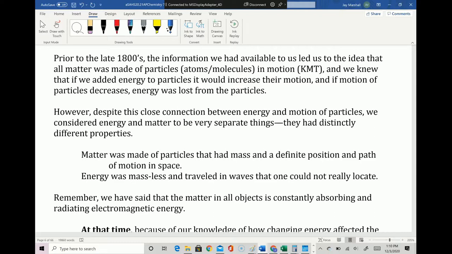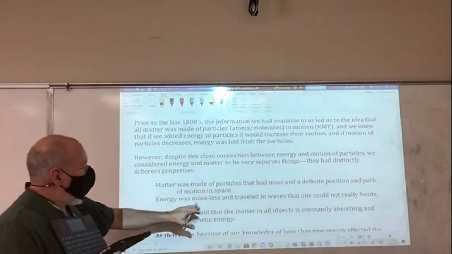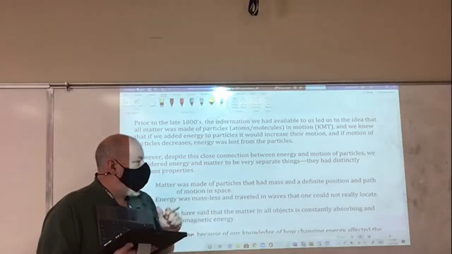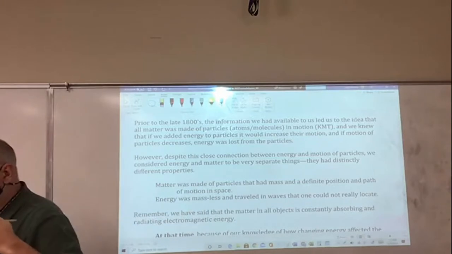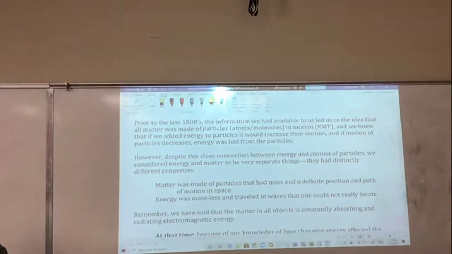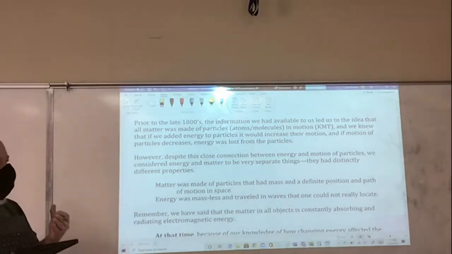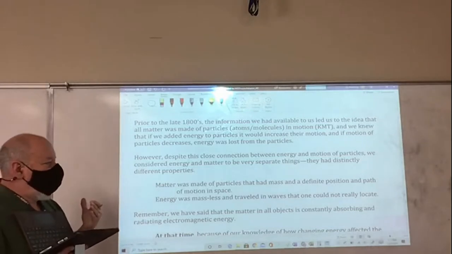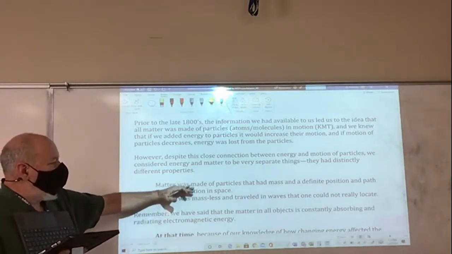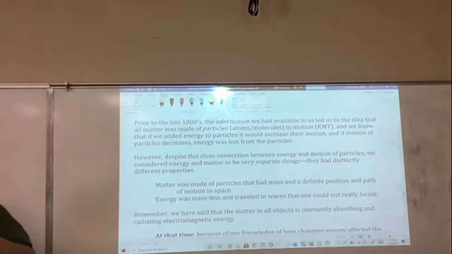Matter was made of particles that had mass and a definite position, and they moved with a certain motion through space. And we thought that energy was massless, and it traveled in electromagnetic waves, and we couldn't really locate it in space. Okay, so you can see how we would consider matter and energy to be completely separate things.